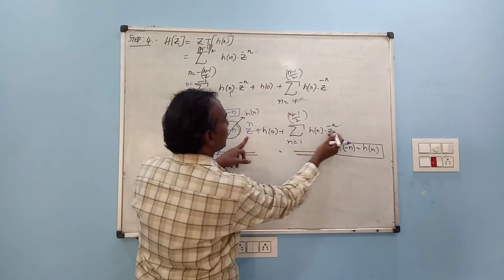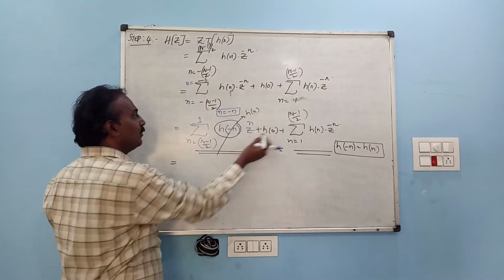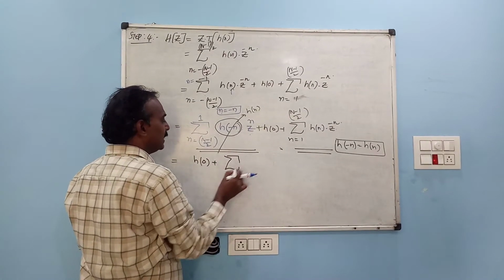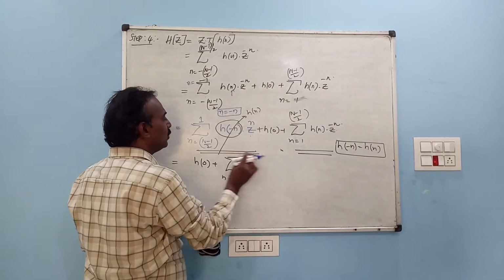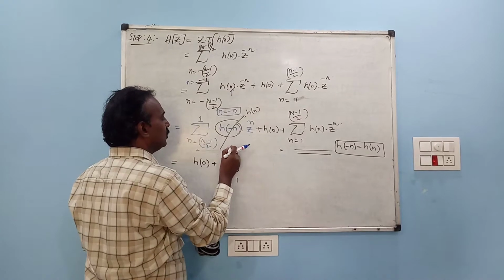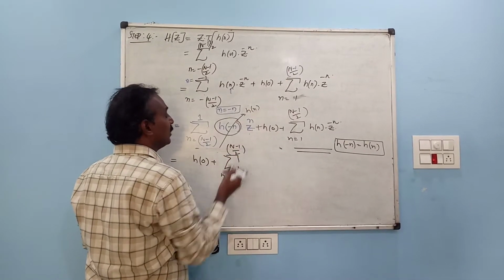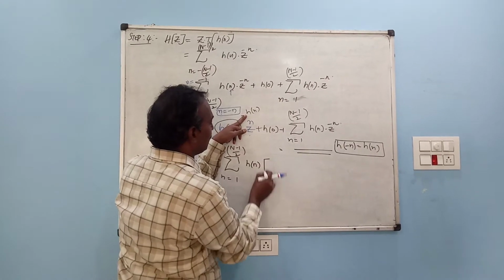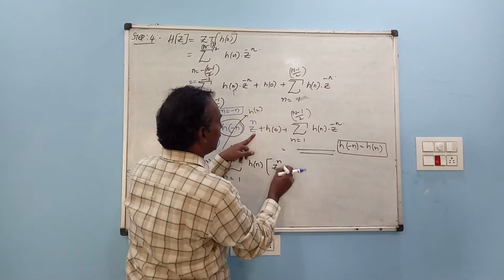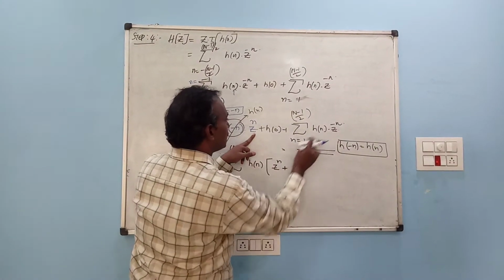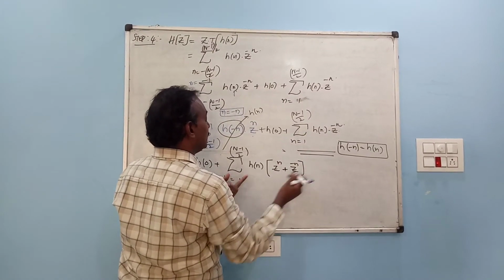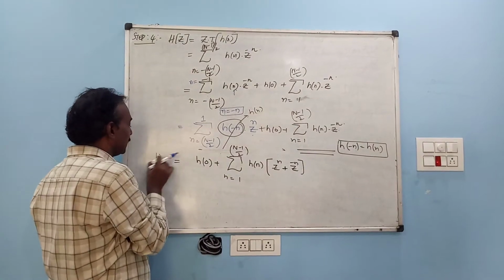This is z power n and z power minus n. So if I take h of 0 outside, now this is summation n from 1 to (N minus 1)/2, h of n common, with these limits the same, z power n plus z power minus n.